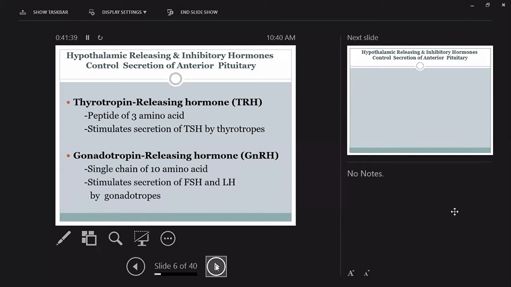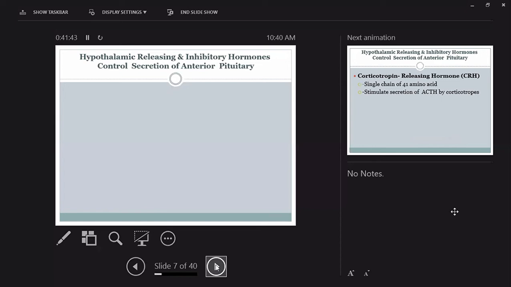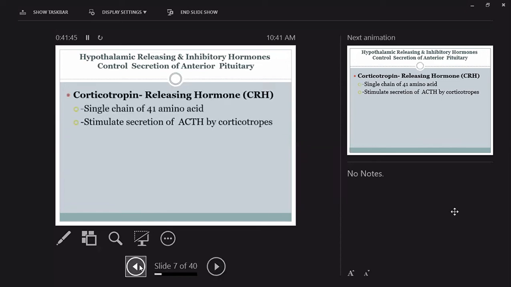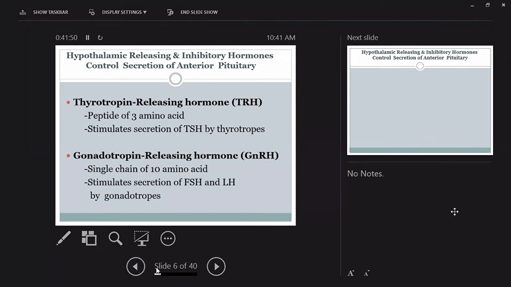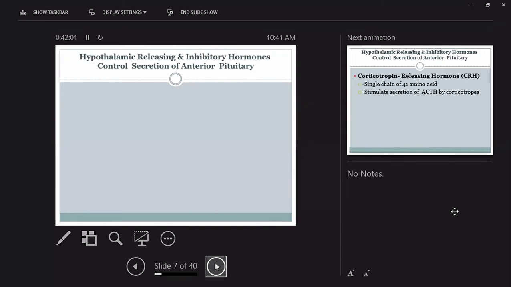Your gonadotropin releasing hormone is longer, 10 amino acids. It stimulates the release of your FSH and LH from your gonadotropes.